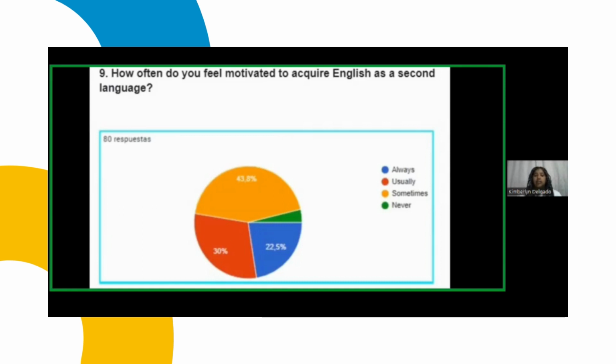More than half of the participants do feel motivated to acquire English as an L2 second language.